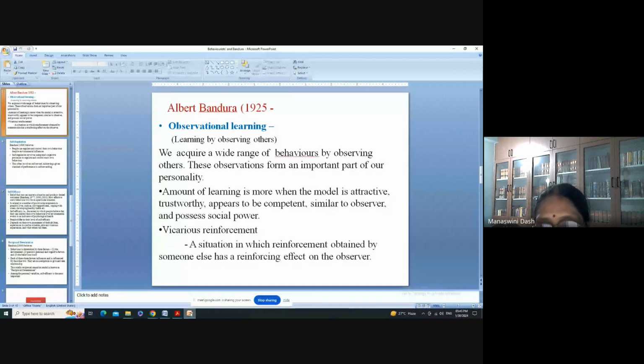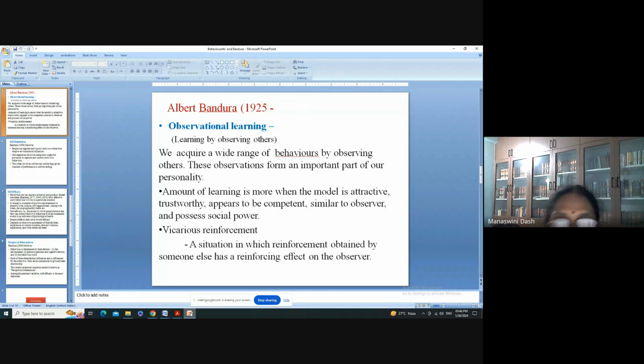Bandura was of the opinion that we can also regulate and control our own behavior despite environmental influences. Yes, reinforcement is important, but despite the importance of reinforcement, we can also control our own behavior.